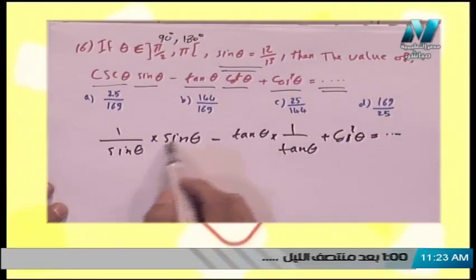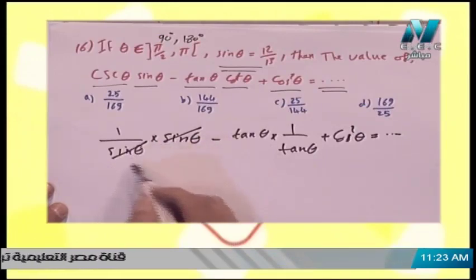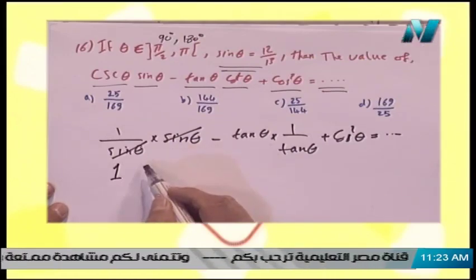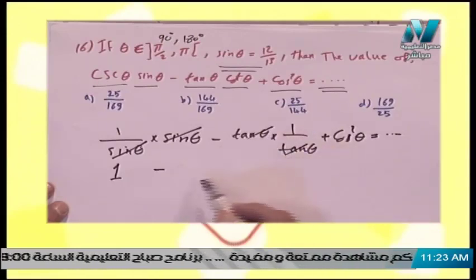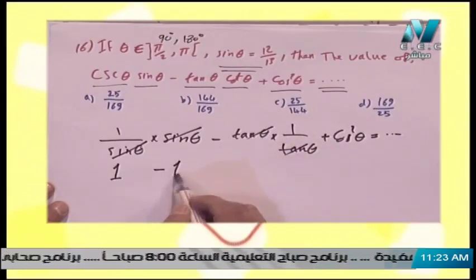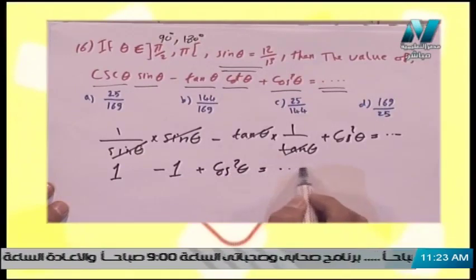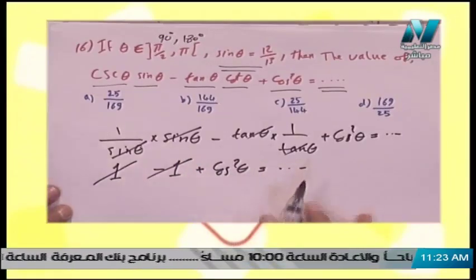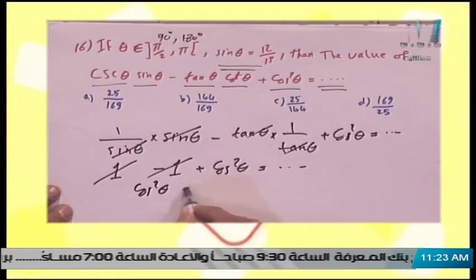We have here sine can cancel with sine, and the answer will be 1, not 0, because a number divided by itself equals 1, and this one also can be 1, plus cosine power 2 theta equals space. We can cancel 1 with -1 and try to find out the result of cosine power 2 theta.